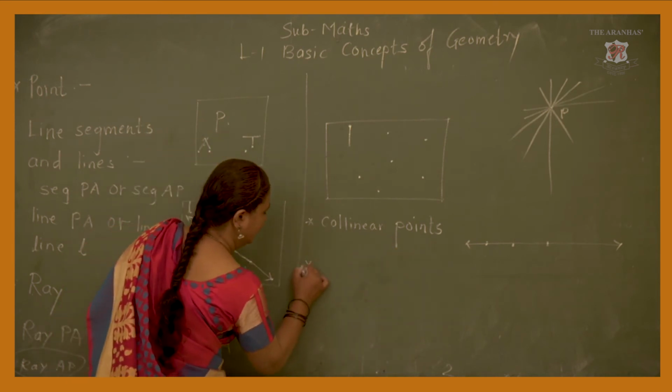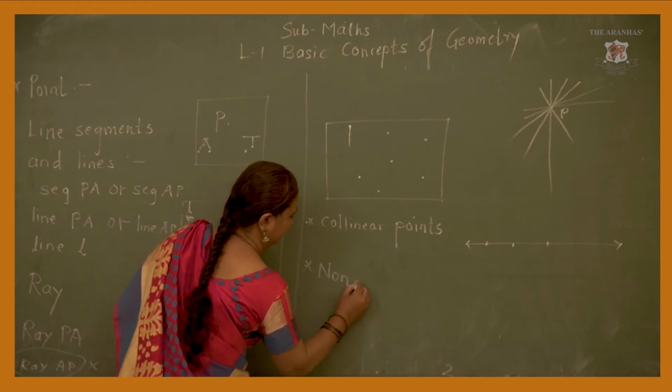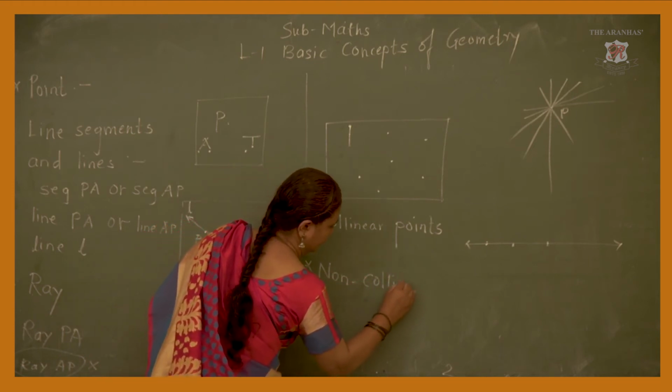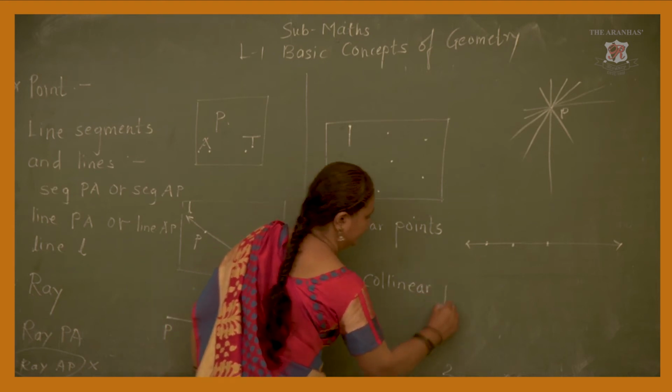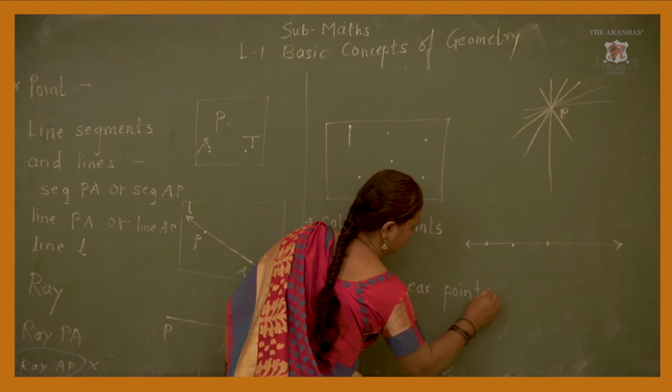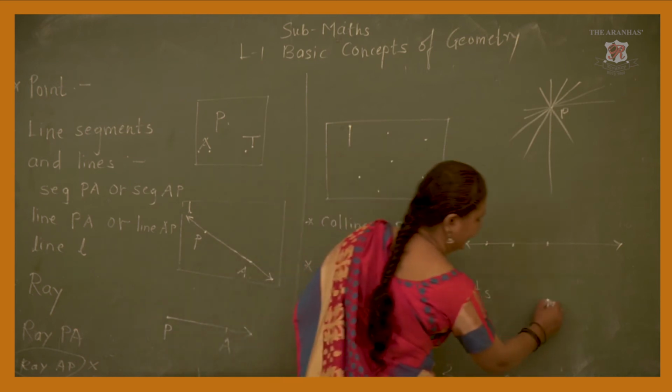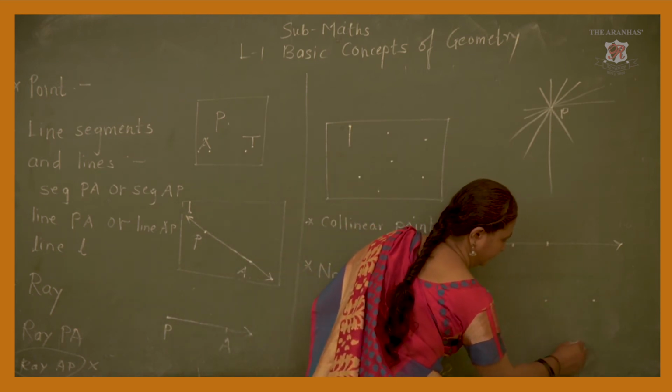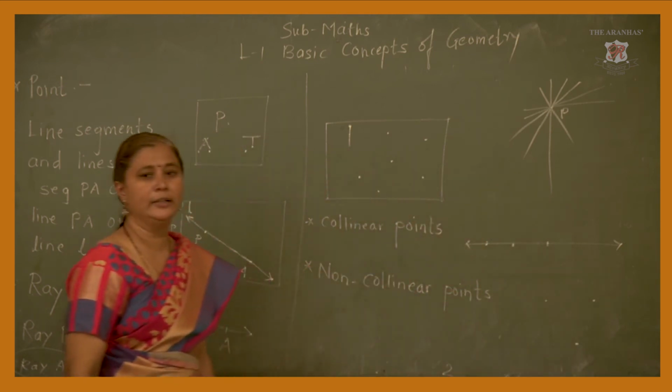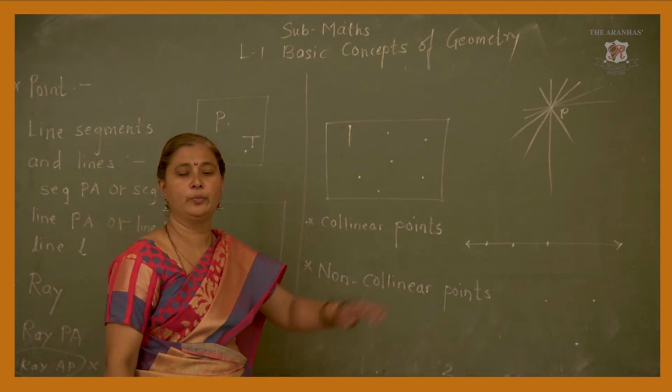Now next is non-collinear points. Observe this figure. Here are 3 different points, 3 distinct points.